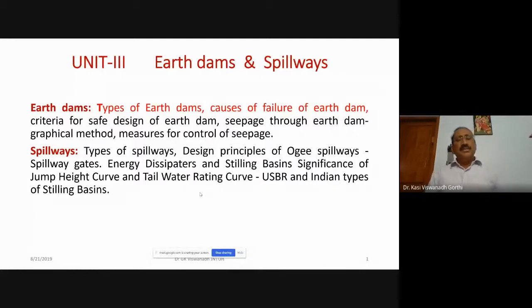So we have seen the gravity dam and what are the forces that may be acting on it. Some may be determined, some may be predicted based on certain estimation methods, empirical and semi-empirical formulae.